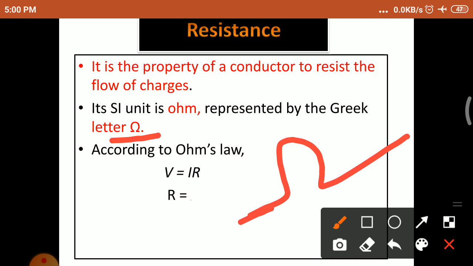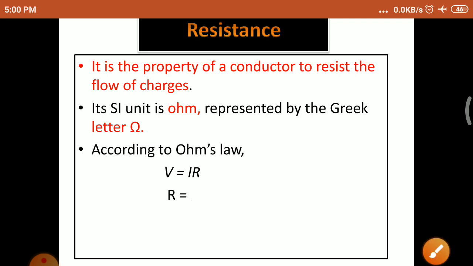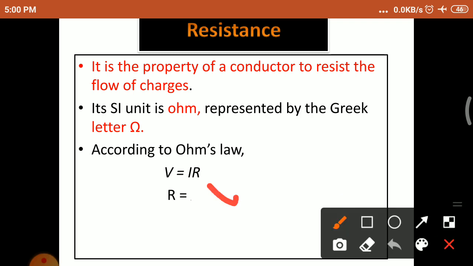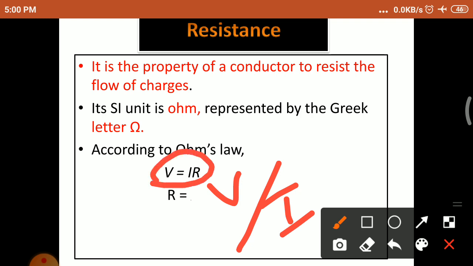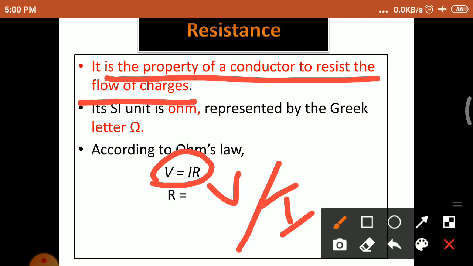According to Ohm's law, V equal to IR. When we rearrange this equation, we get R equal to V by I. So R is nothing but the property of a conductor to resist the flow of charge. It also has an SI unit, ohm, represented by the letter ohm.